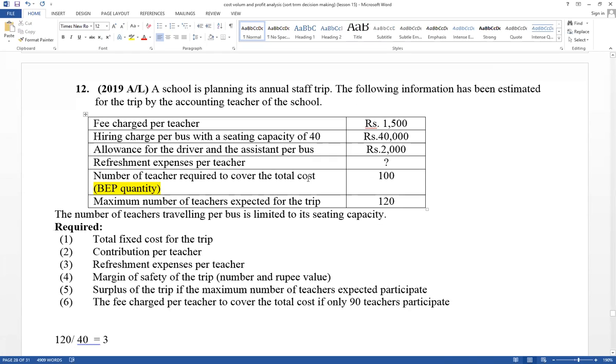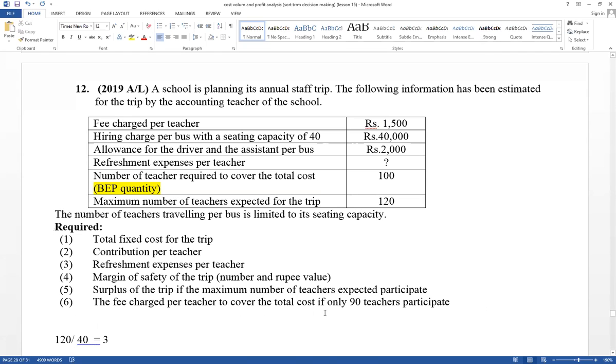To cover the total cost, 100 teachers should participate when charging 1,500. Now there are only 90 teachers participating. There's the fee charged per teacher. Fee means selling price. Therefore, this can be calculated using the break-even point equation.